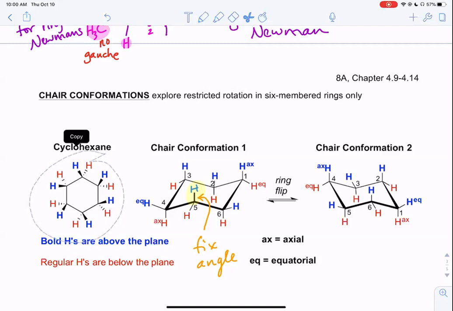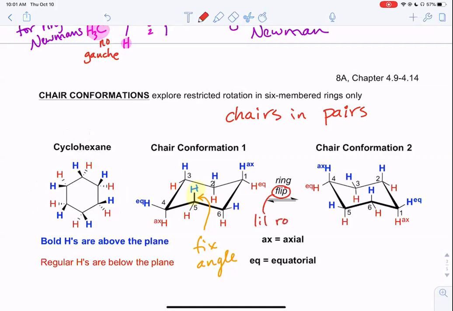And there's always going to be two. I always think chairs and pairs. There's going to be two ring flips. And remember, this flip is not like all the way upside down. This is just a little baby rotation. And it's going to cause any axials to become equatorial and any equatorials to become axial.